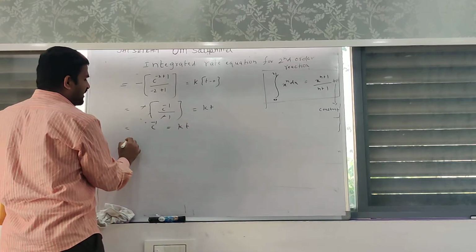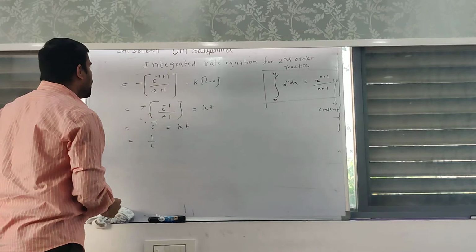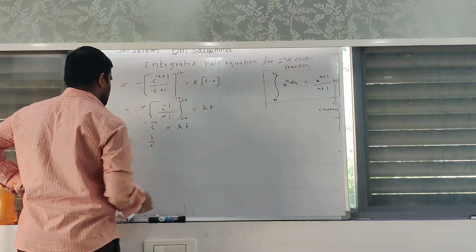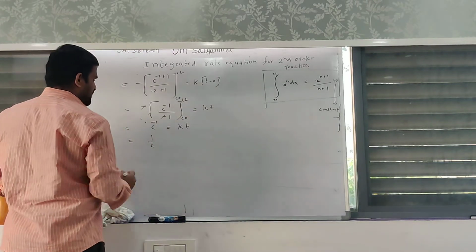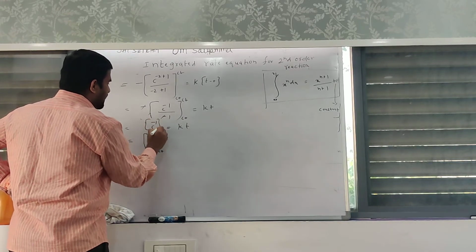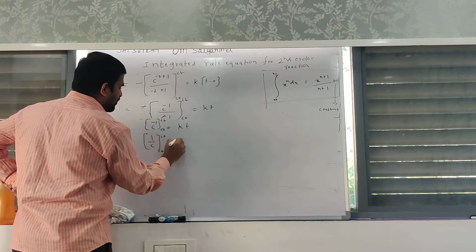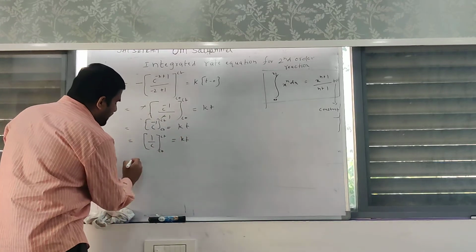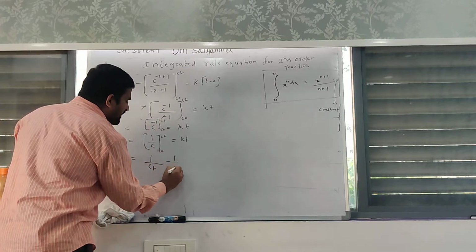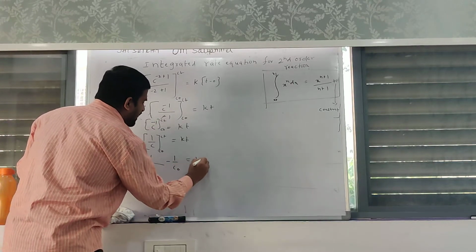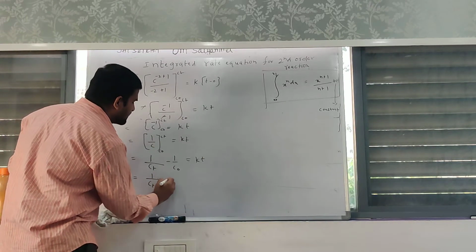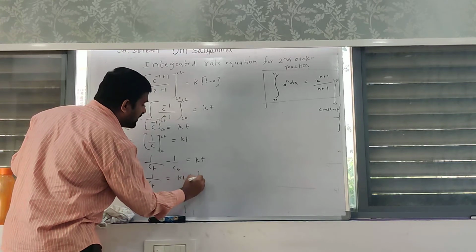C minus 1 I can write as 1 by c, with limits c naught to ct. So 1 by ct minus 1 by c naught is equal to kt, or 1 by ct is equal to kt plus 1 by c naught.